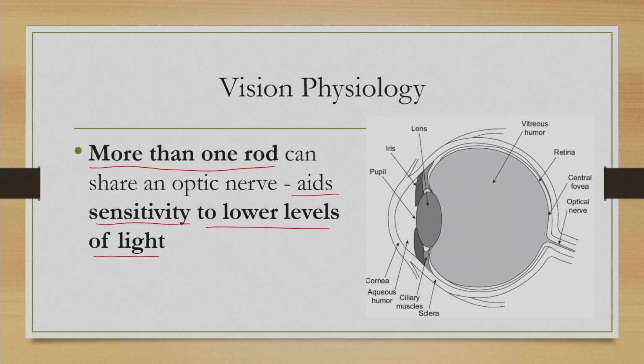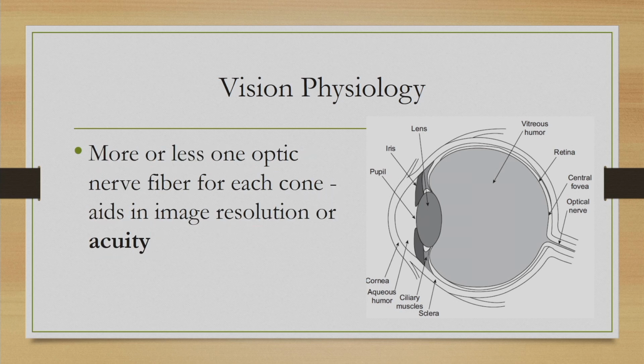So, when light is not very bright, we still manage to see things, that is due to the presence of rods. On the other hand, in case of cones, the other type of photoreceptors, there is more or less one optic nerve fiber for each cone, unlike the case of rod, and it aids in image resolution or acuity.